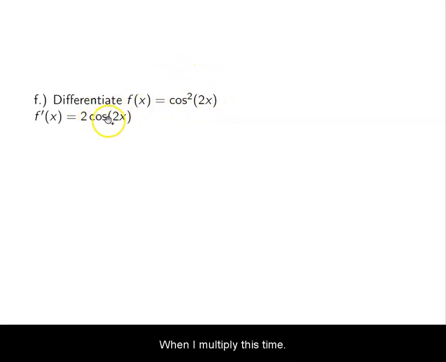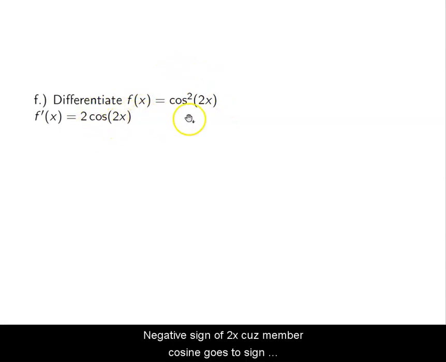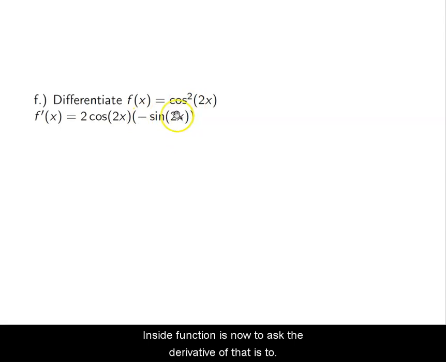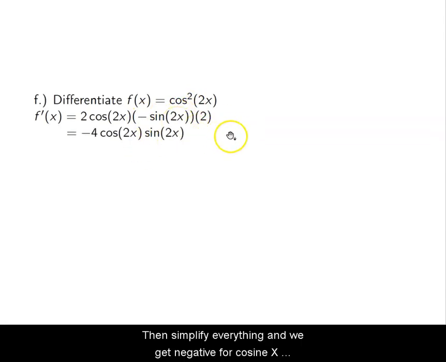I'm going to multiply this times negative sine of 2x because remember, cosine goes to sine and it changes sign. So I get negative sine of 2x, and I will multiply that times 2. The inside function is now 2x. The derivative of that is 2. We then simplify everything and we get negative 4 cosine 2x times sine of 2x.